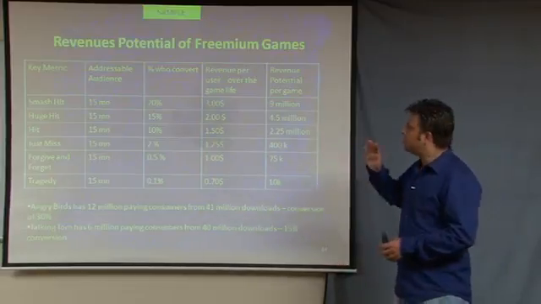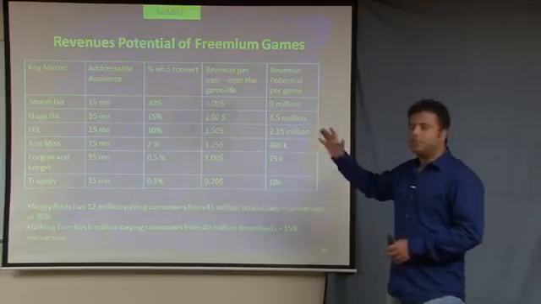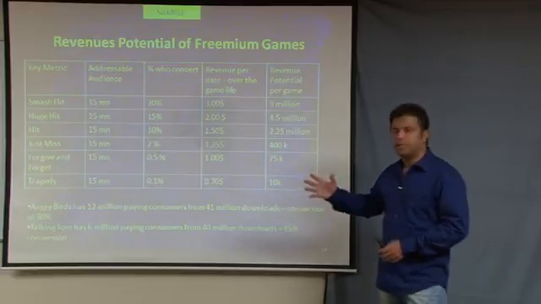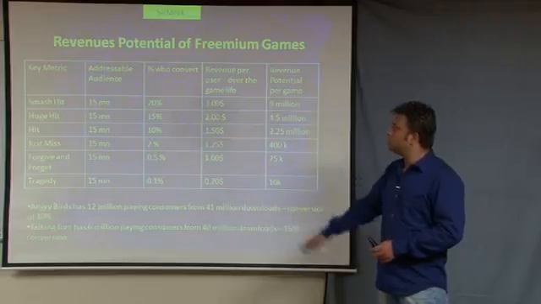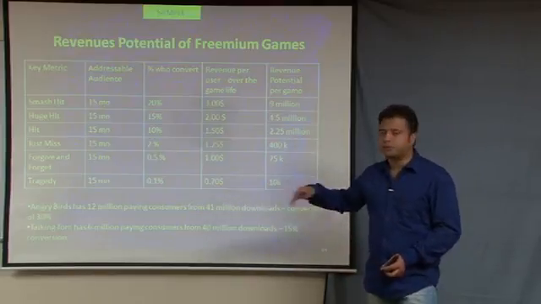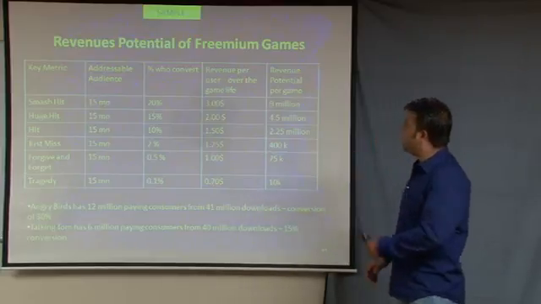If it was a smash hit, they would think that the game would reach 15 million players. 20% of these players would convert into players who would pay for it if the game was a smash hit. If the game was a tragedy, only 0.1% would pay to convert into a paying customer or a paying player.